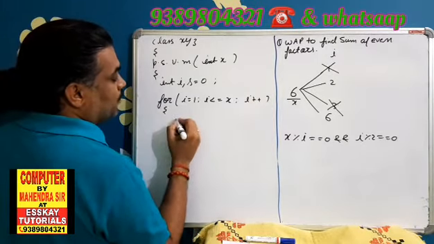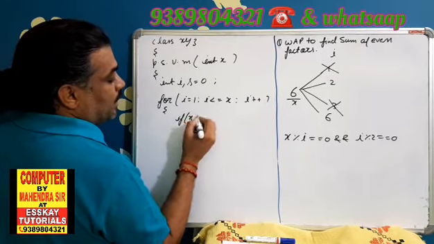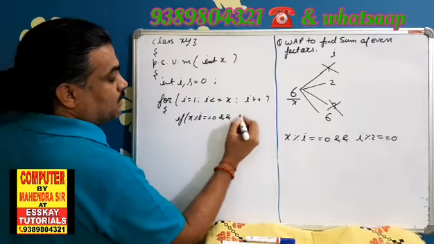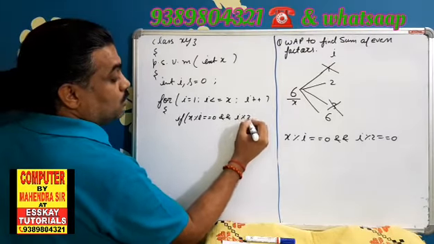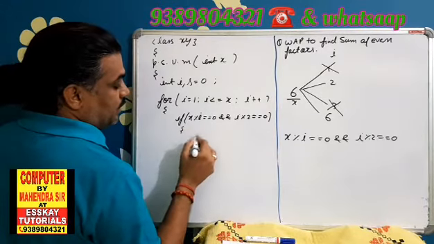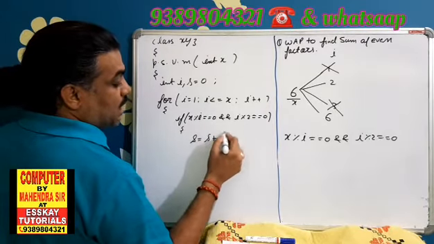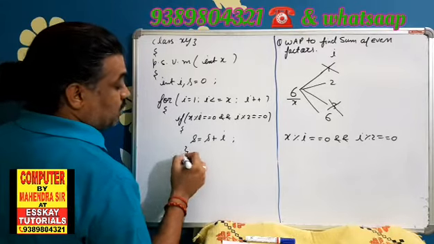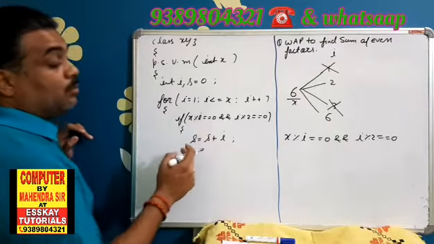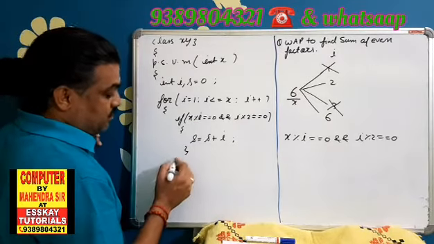If x mod I is equal to 0 and I mod 2 is equal to 0, if both conditions are true, then s is equal to s plus I, not 1, because we are not counting the factors. If we're counting something, we'll simply add 1.